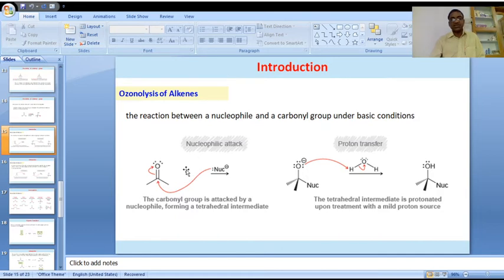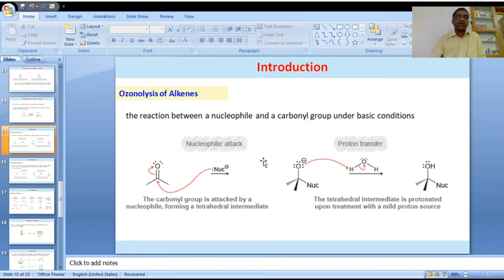Here please observe. This reaction contains two steps. In the first step, it is a nucleophilic attack step. In the second step, it is a proton transfer step.